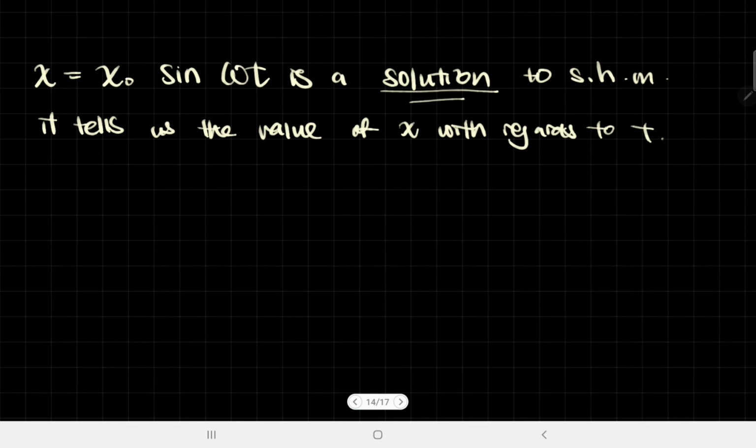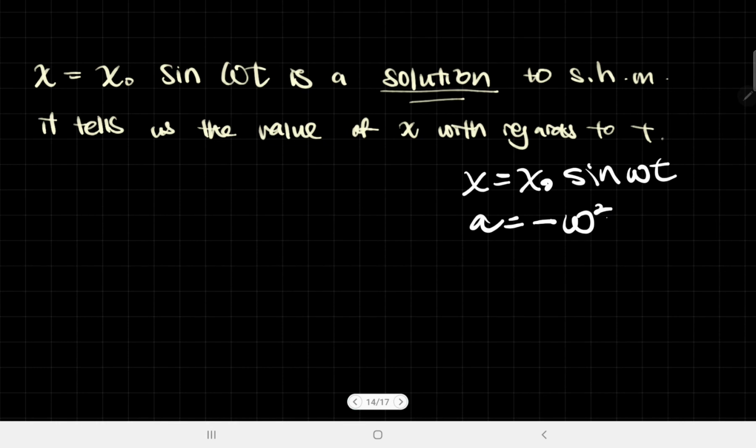So we have this equation, x is x0 sine omega t, and then we have the equation acceleration is negative omega squared displacement. So those are the two big equations that we've gotten. We know that if you differentiate this twice, you're supposed to get acceleration. Let's differentiate it once.